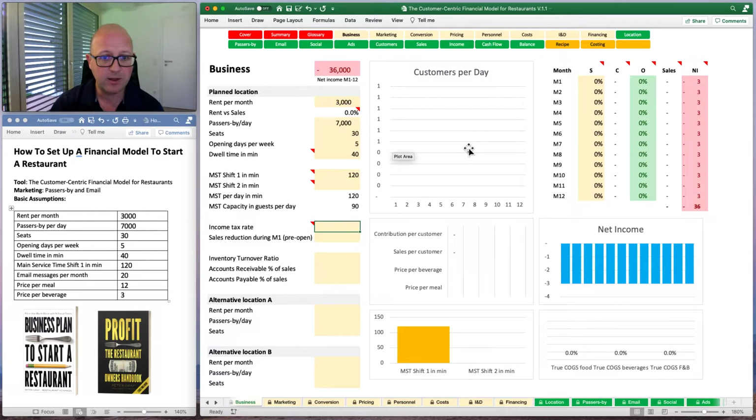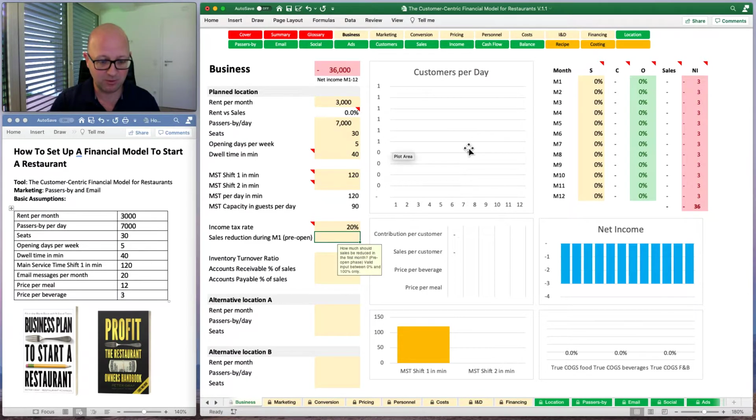And there are also, of course, some additional inputs we can take and make for the income tax, let's say for example 20%. The sales reduction during M1 means we can consider the pre-opening phase, which means when you start to rent your premises, you probably will need some time to prepare it, to put in all the furnishings and equipment and so on.